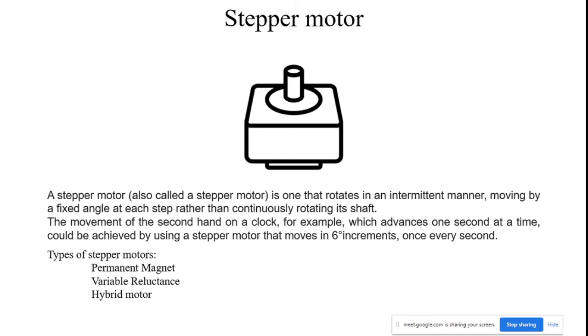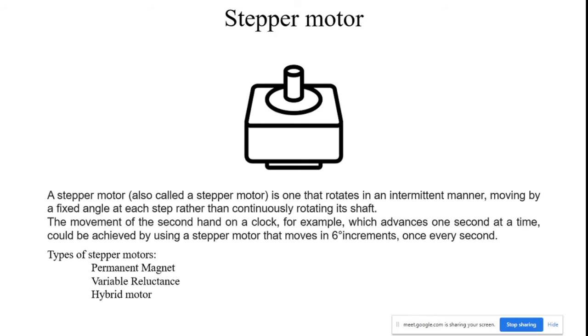So every rotation of the stepper motor consumes 6-degree increments once every second. Likewise, the stepper motor mechanism is arranged. So if I give one pulse of signal to the stepper motor, it makes a rotation of about 6 degrees.